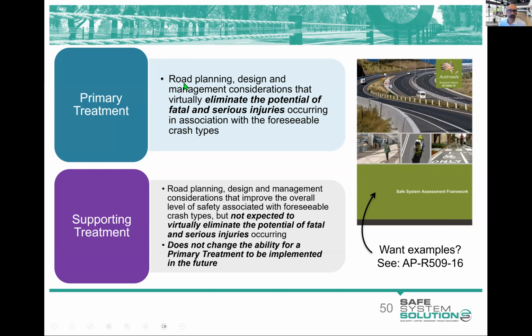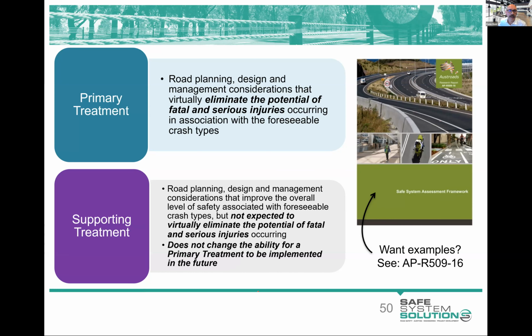Primary treatments are road planning, design, and management considerations that virtually eliminate the potential for fatal and serious injury crashes occurring associated with foreseeable crash types. Supporting treatments are road planning, design, and management considerations that improve the overall level of safety associated with foreseeable crash types, but are not expected to virtually eliminate the potential for fatal and serious injuries occurring. It also doesn't change the ability to implement one of these.